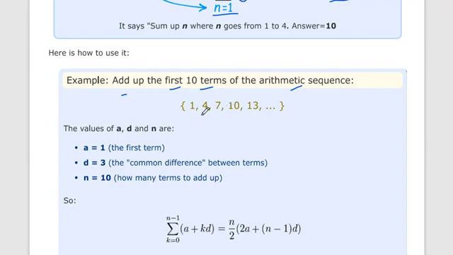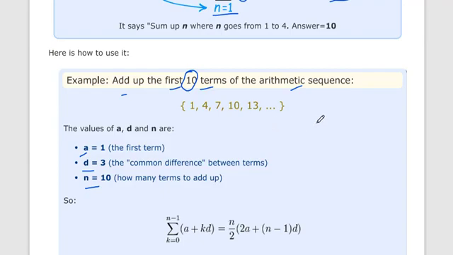They have given our previous example, the same sequence. The difference is 3 and the first term is 1. So we have a equal to 1, d equal to 3 and n equal to 10. We have to calculate the sum of the first 10 terms of the arithmetic sequence.